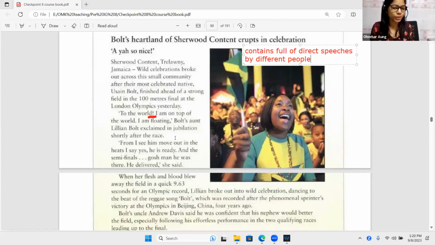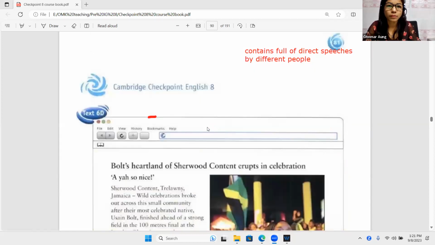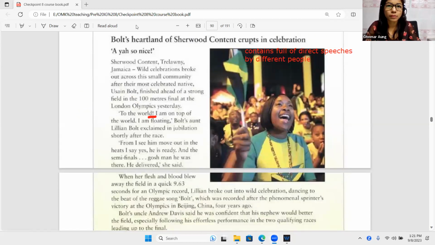How about alliteration? Everybody, concerning alliteration, could you please tell me some alliterations here? Alliteration.